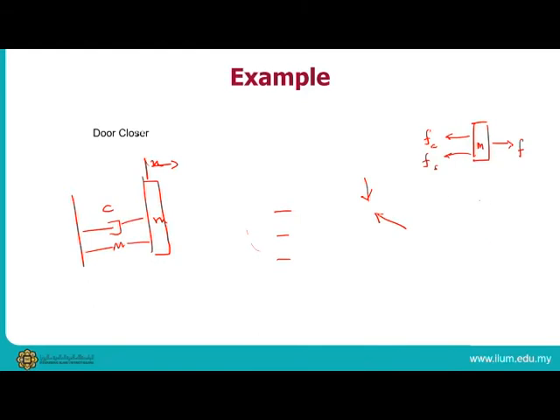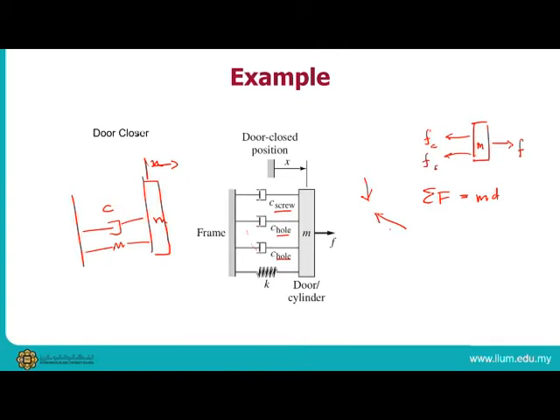Okay. So the summation of force equals m d squared x over dt squared, in this case indicated by x. Right, so this is the formula.